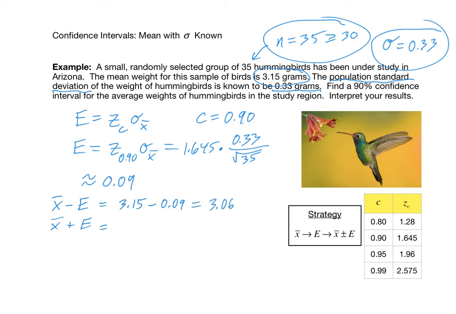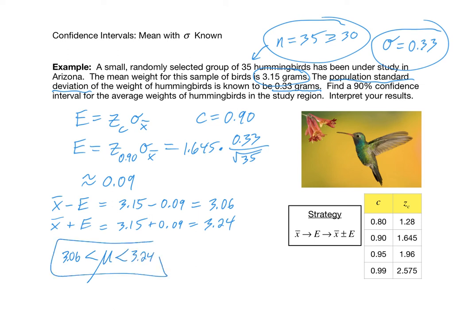And x bar plus E is 3.15 plus 0.09, which is equal to 3.24. Our 90% confidence interval for the mean weight of hummingbirds is mu is between 3.06 grams and 3.24 grams. Again, remember, we write mu in here, not x bar, even though x bar is what we used to compute the interval. We're trying to make a claim about the actual population mean.